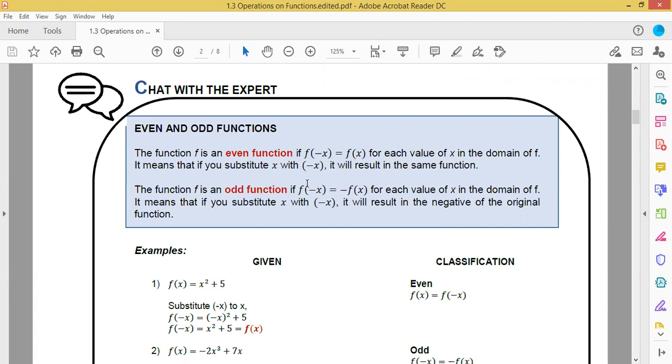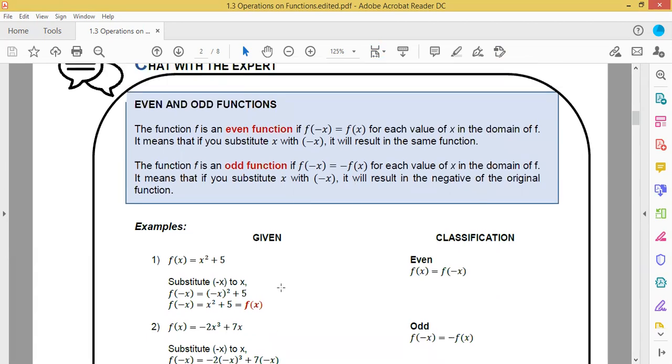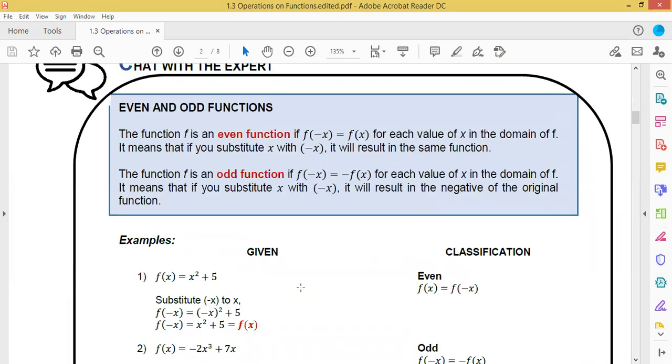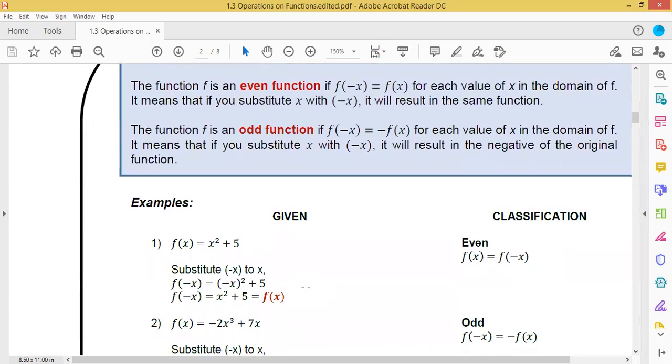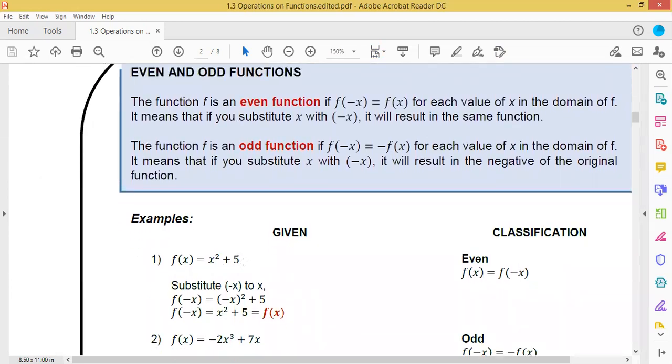If you substitute negative x to the value of x, and the answer is not the same, or it's not the exact opposite, then we call it neither odd nor even. For example, for number 1, we say x squared plus 5.